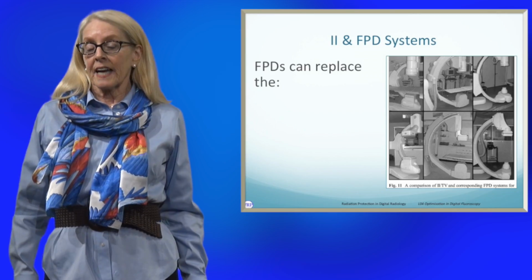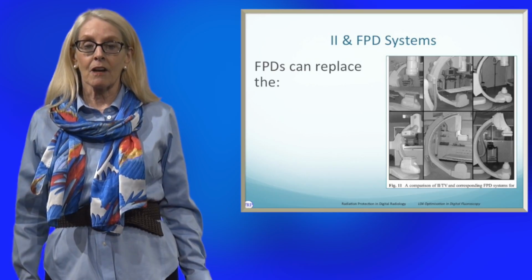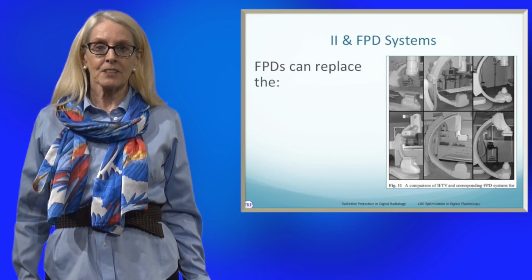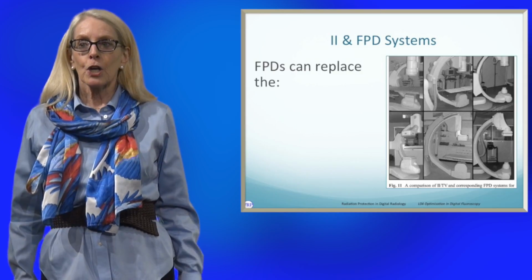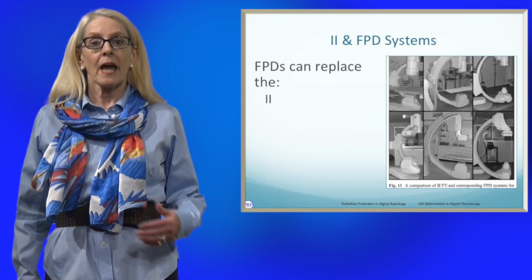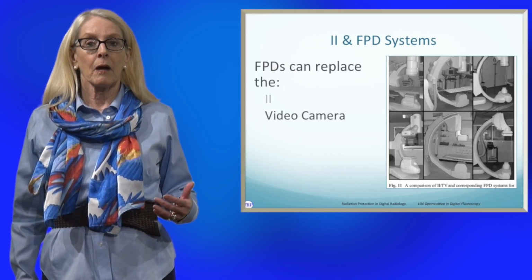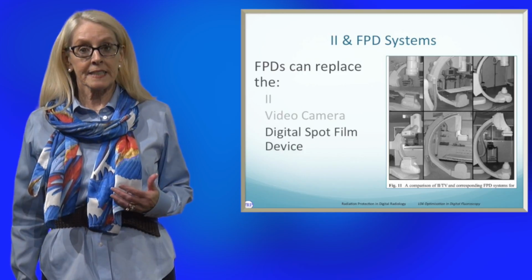These flat panel detectors can be very handy, because you don't need all the stuff you need with an image intensifier to handle the information the way you want to handle it. You don't have to have, number one, the bulk of the image intensifier. You don't have to have the video camera. You don't have to have the digital spot film device or a cine camera.